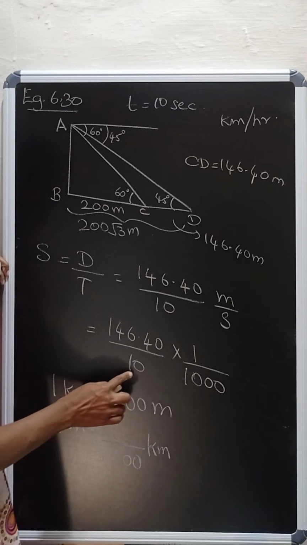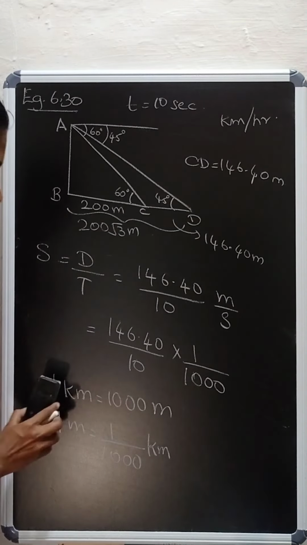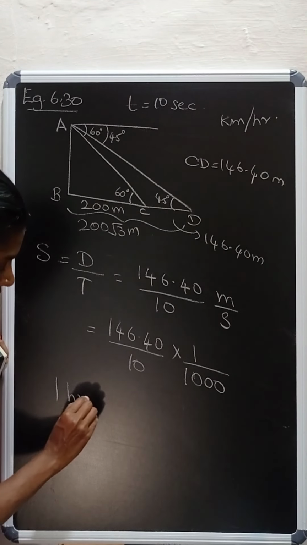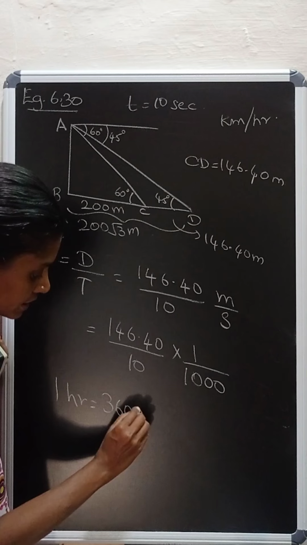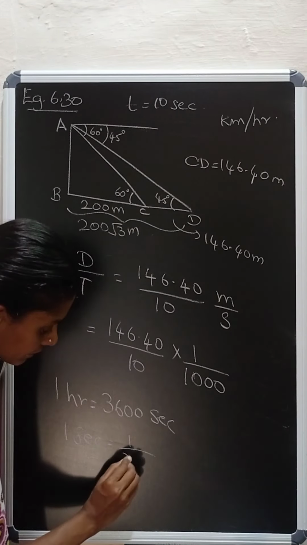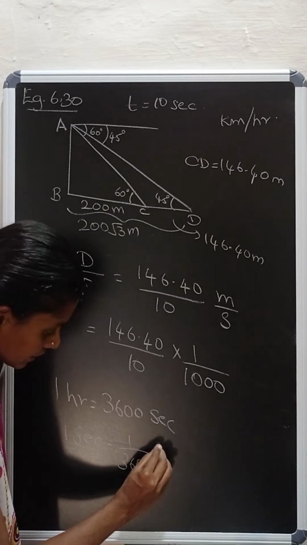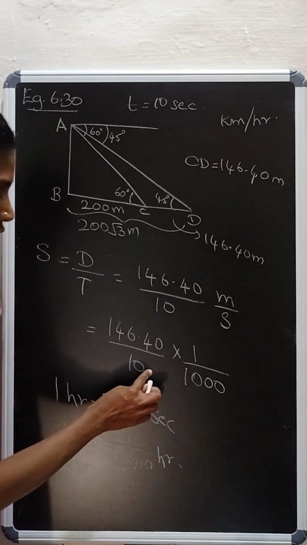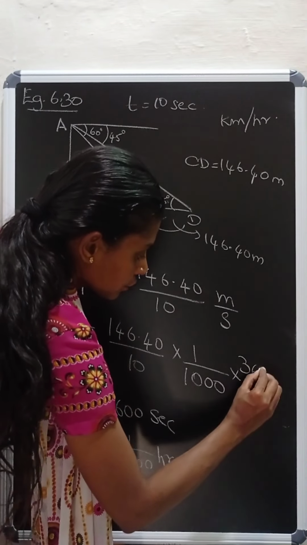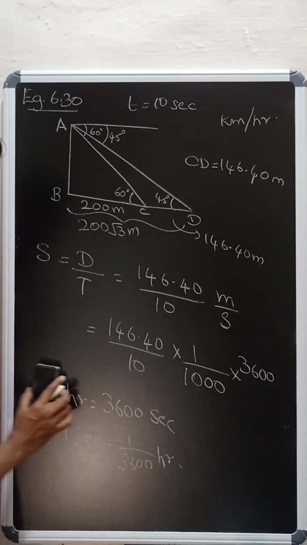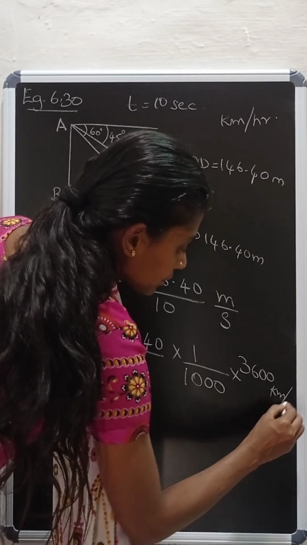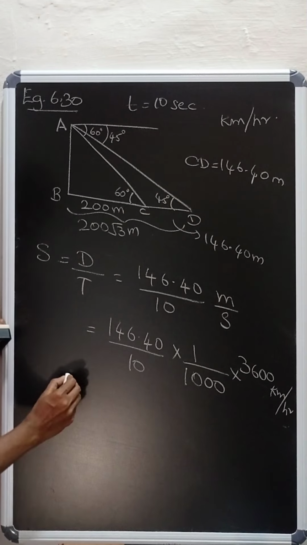Here you have seconds, 10 seconds. Now 1 hour is equal to 3600 seconds. So 1 second is equal to 1 divided by 3600 hours. So to convert this, we are going to divide this by 3600. So it goes to the top, 3600. Now you can write the unit as kilometer per hour. Now we find the answer.